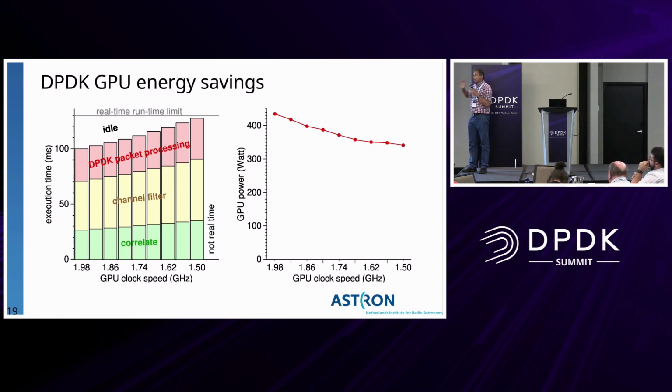And that was just about when we started to lose real-time performance. But if you look at the right, you see the energy use drops by almost 100 watts. And it's just free. We do the same computations with 100 watts less power use.